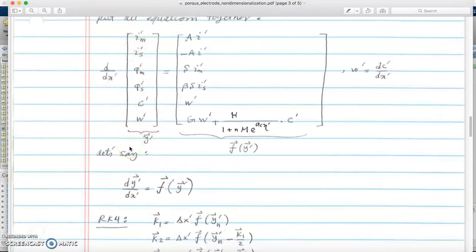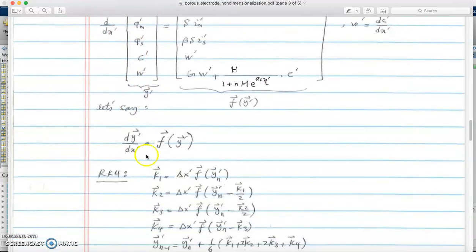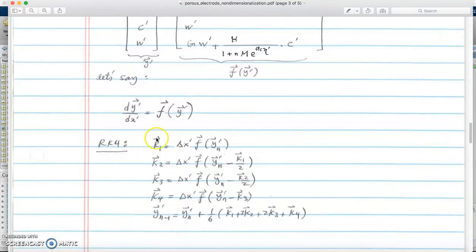If you want to use RK4 to solve this problem, then as long as our problem is written in the generic form, RK4 is written like we have 4 k's, if you remember, and each k is related to delta x, the interval along the x-axis, times the function evaluated at certain points.